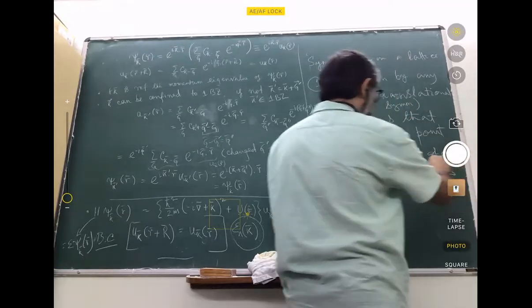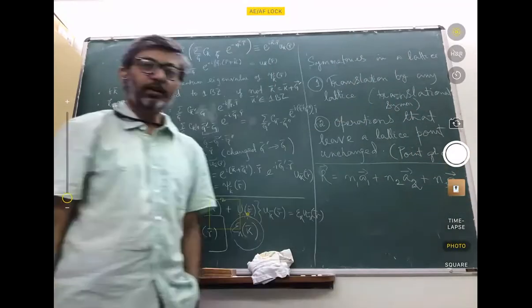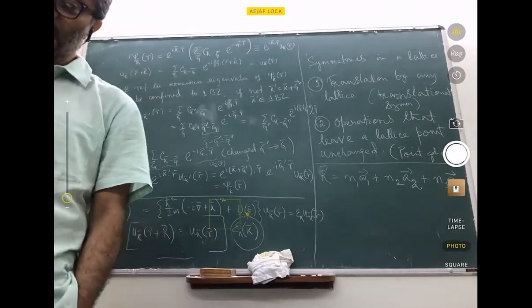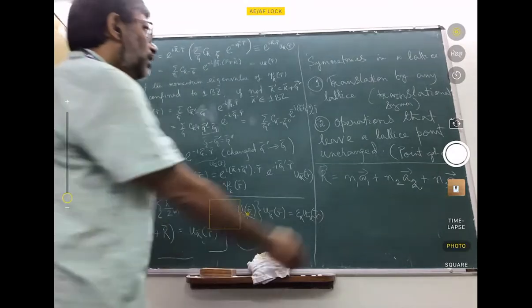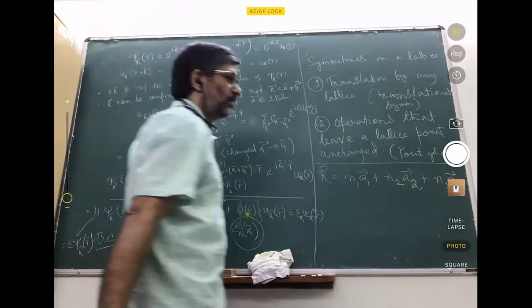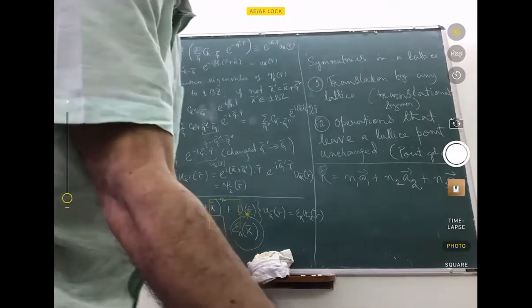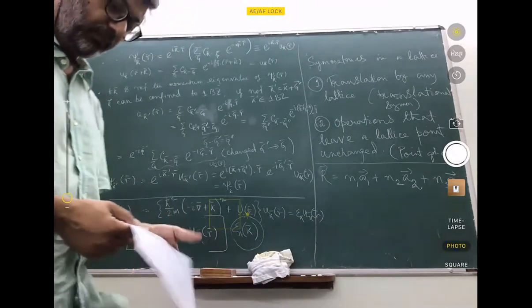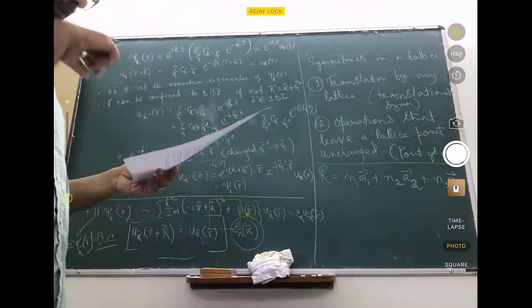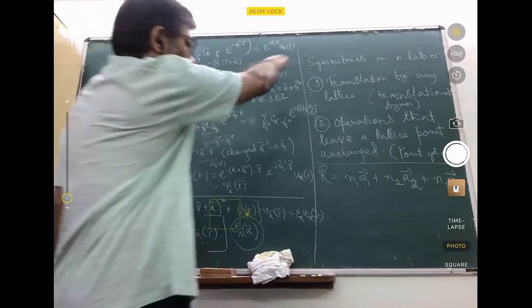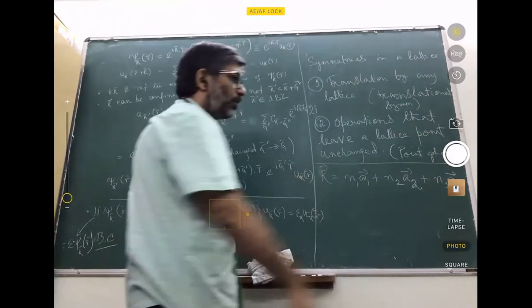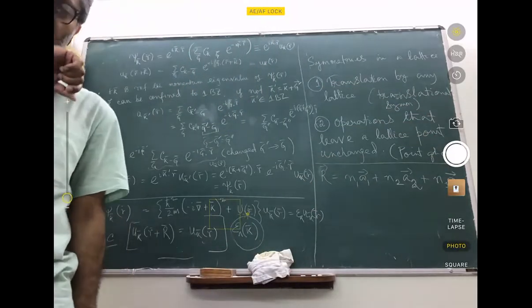And so these operations are point group symmetry operations, whereas this constitutes a sort of continuous symmetry, or at least discrete continuous symmetry. So these things taken together form what is called the space group of symmetry of the lattice.